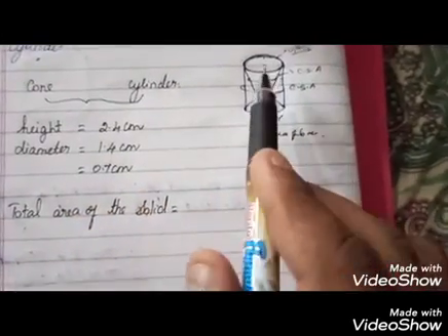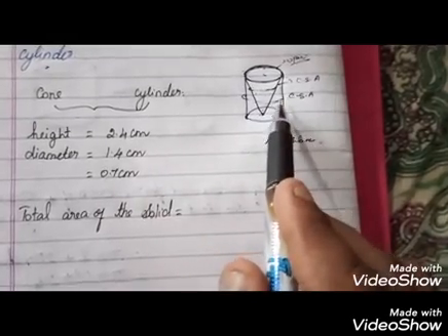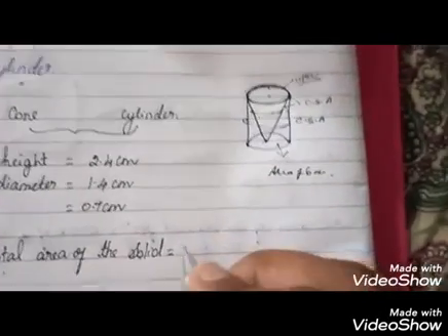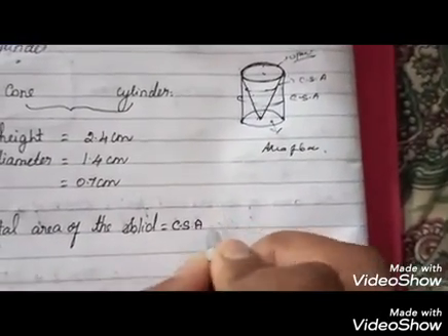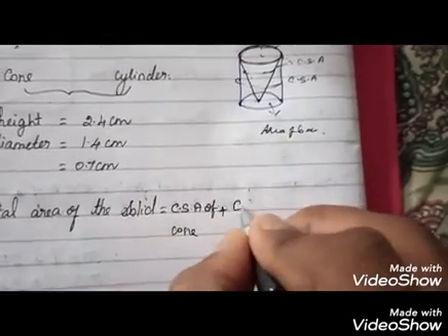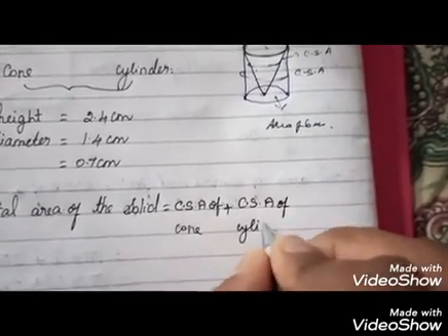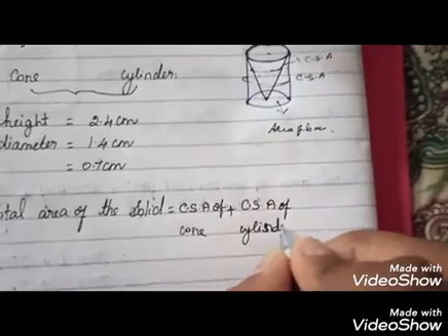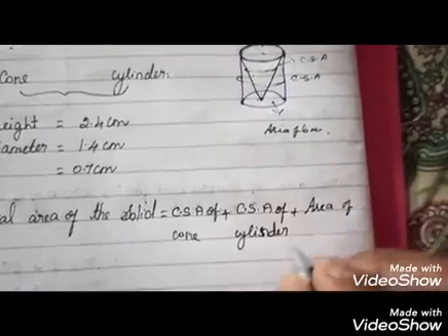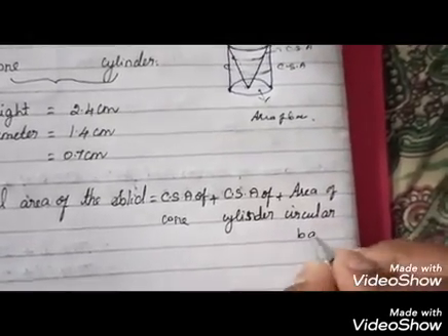So we have to add these three to find the total area of the solid: curved surface area of the cone, plus curved surface area of the cylinder, plus area of the circular base.